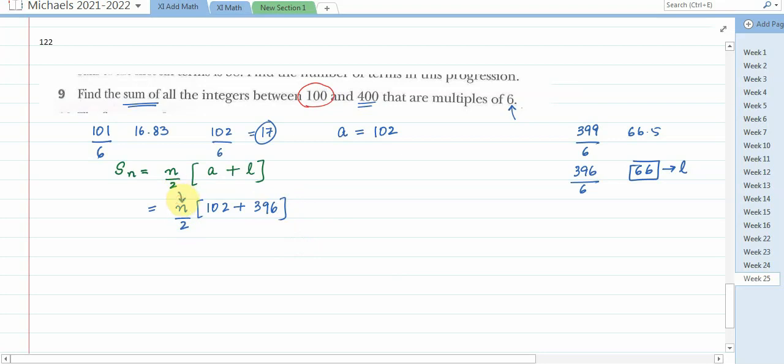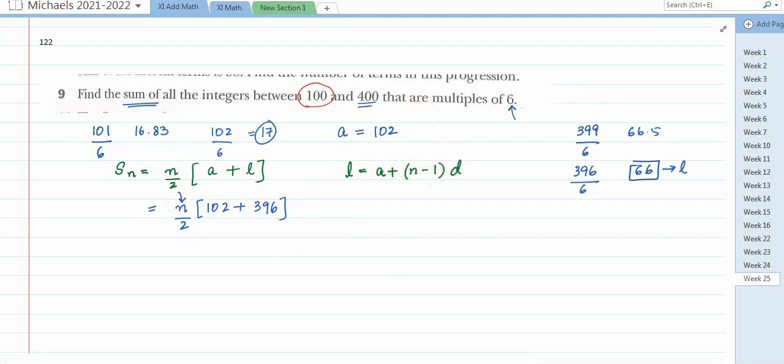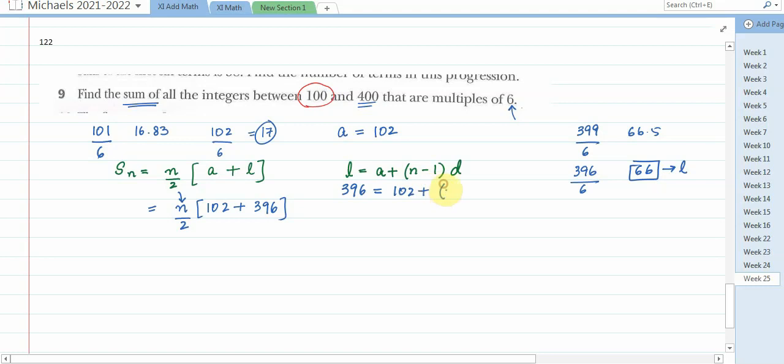The value of n is unknown, and to find the value of n, we are going to apply the working formula of L is equal to a plus n minus 1 times d. The value of L, which is the last term, is 396, is equal to the first term 102 plus n minus 1, n is unknown, and the value of d is 6 because the difference is 6, right?